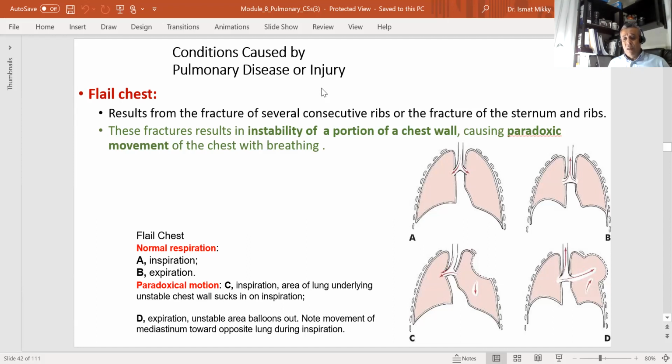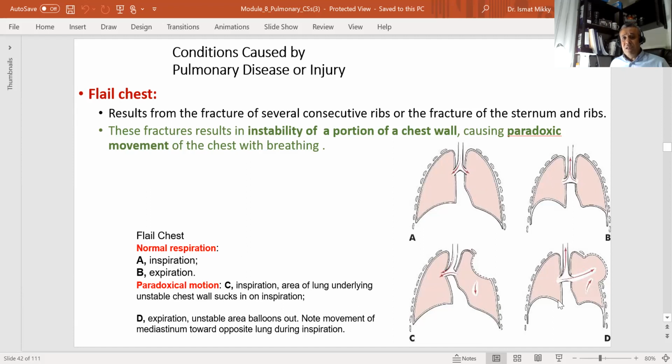For example, normal respiration, A and B. Inspiration, inflation of the lungs, and then expiration, air leaves and exits the trachea from the lungs.